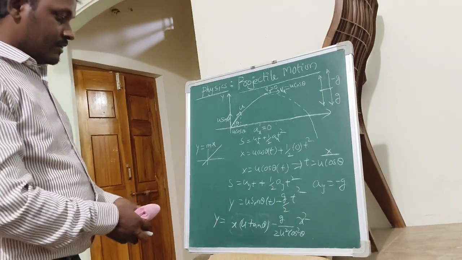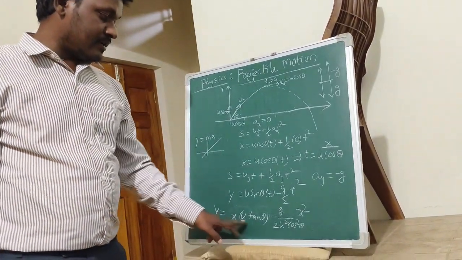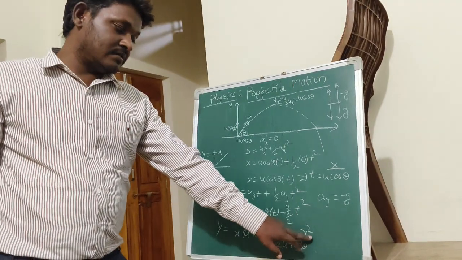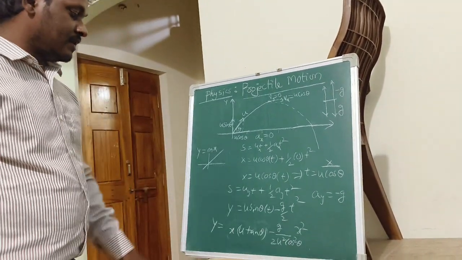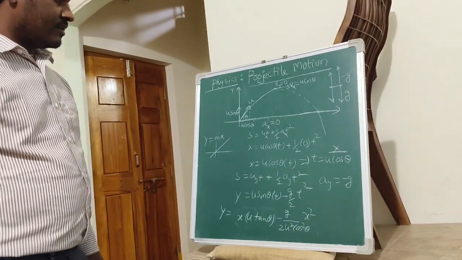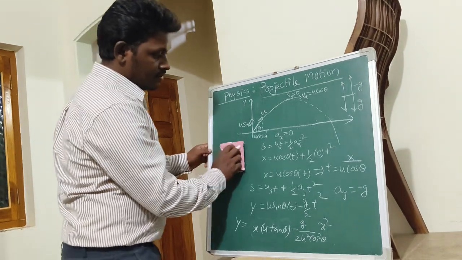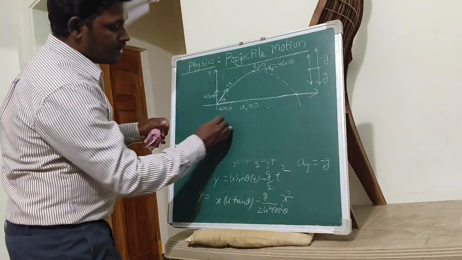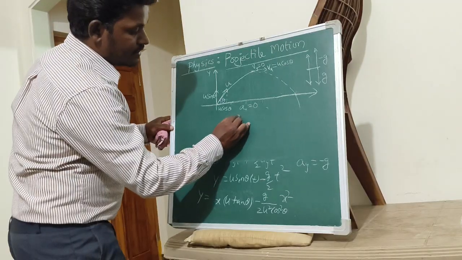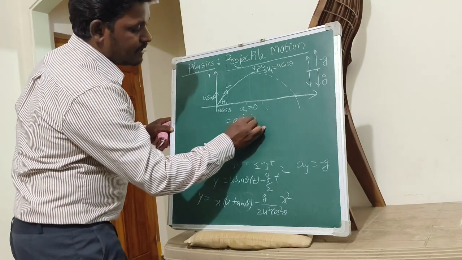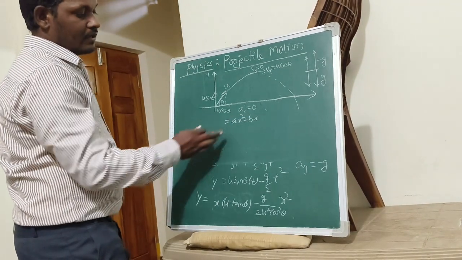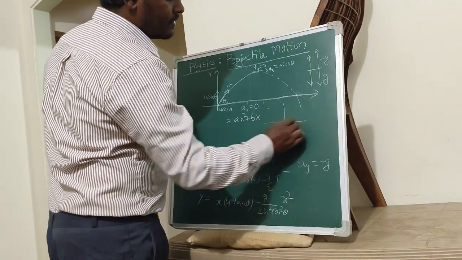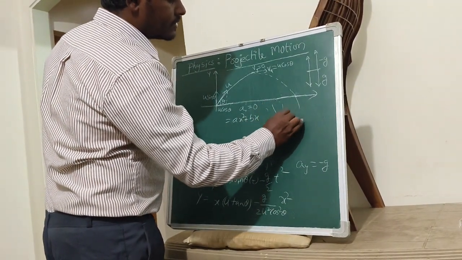So it is an equation in quadratic form, that means x power is 2, that means it is a quadratic equation. We know that the quadratic equation ax square plus bx, this graph is like this.